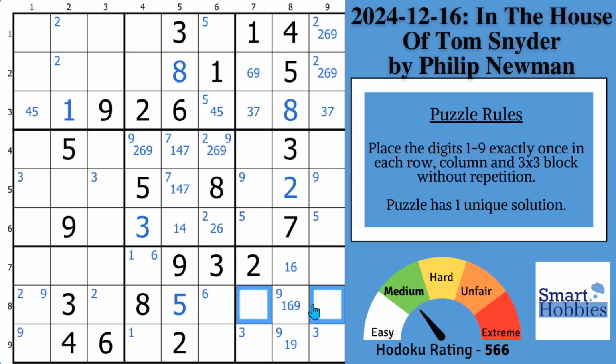Can't be a 1 because of the 1, 6, 9. Can't be a 2. Can't be a 3. Can be a 4, but can't be a 5. Can't be a 6 because of the 1, 6, 9. Can't be a 7. Actually, it can be a 7. But it can't be an 8 and it can't be a 9 because of the 1, 6, 9. So what you have is a nice 4, 7 naked pair.